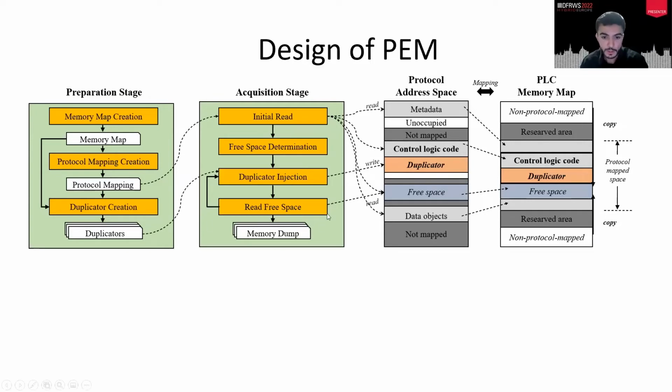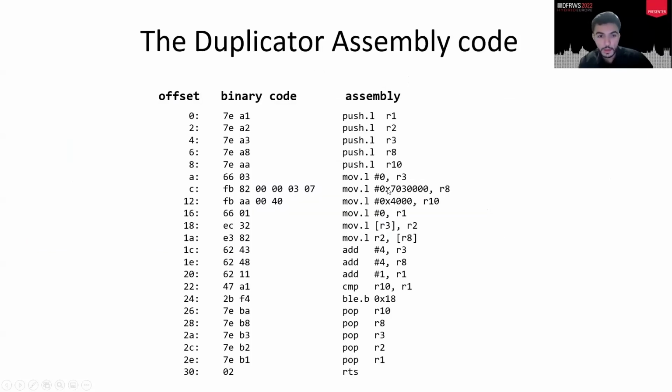So here, as you can see, this is the control logic code. This is where we write our duplicator, and the duplicator copies any part of memory. We tell it to copy inside the free space. All right, this is what the duplicator looks like.